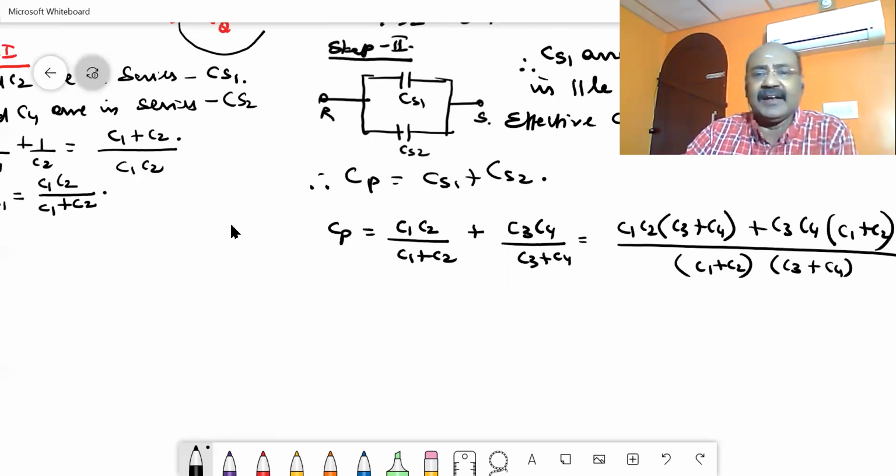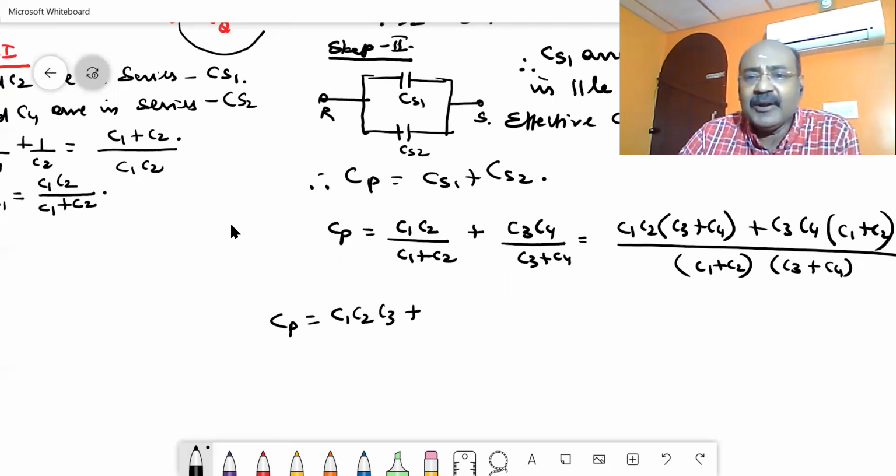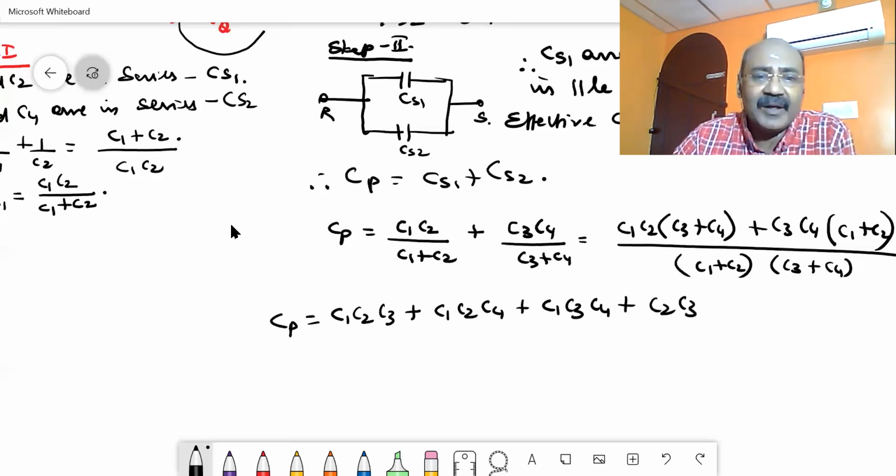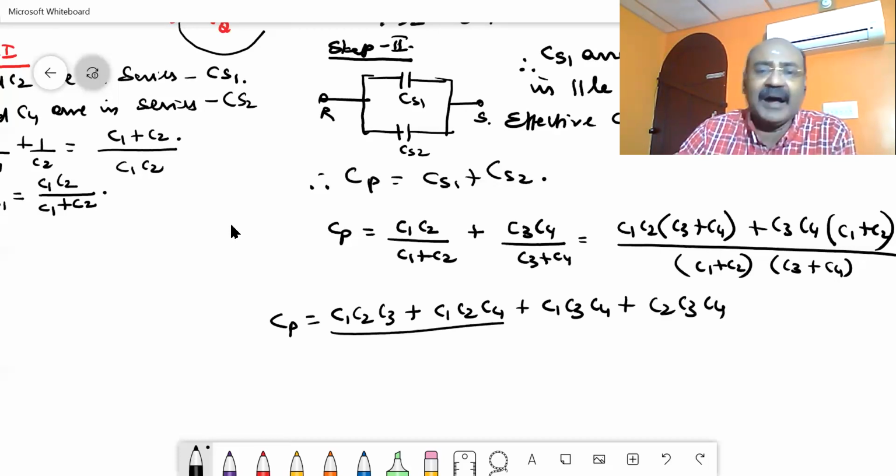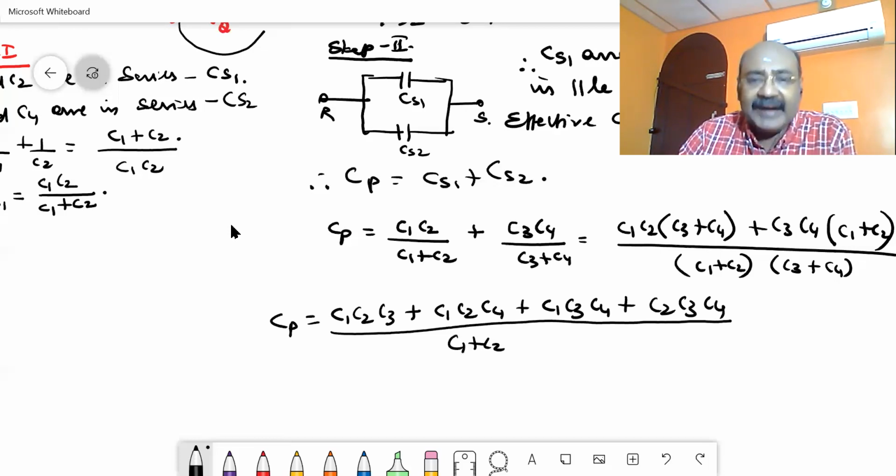Cp equals C1 C2 C3 plus C1 C2 C4 plus C1 C3 C4 plus C2 C3 C4, whole divided by C1 plus C2 multiplied with C3 plus C4.